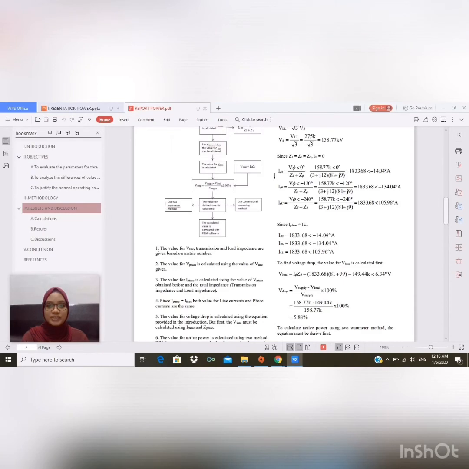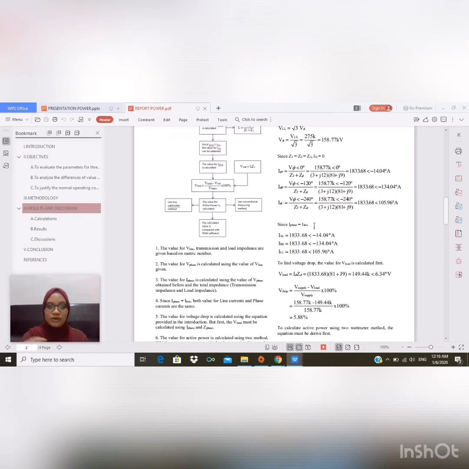Next, we can calculate I phase using the V phase we obtained earlier, and the total impedance, which is the impedance of the transmission and the impedance of the load. Then we get this answer. Since this system has a balanced load, the values are almost the same except for the phase angle.